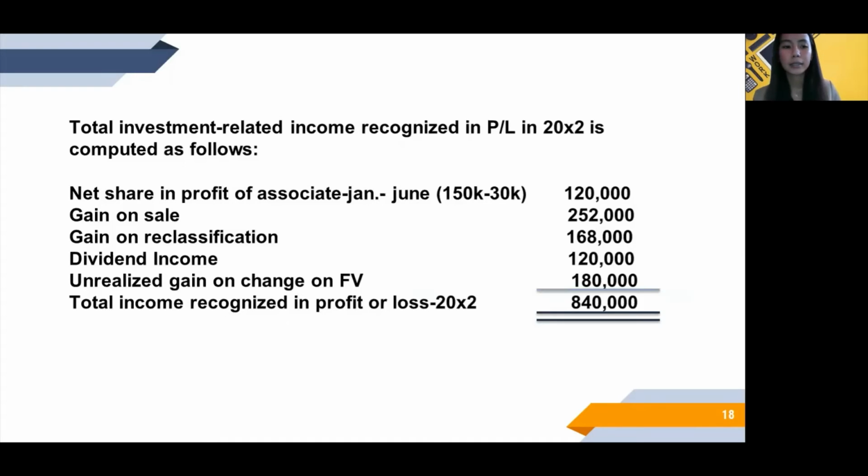Tapos, next is the gain on sale of 252,000 and then 168,000 gain on reclassification, 120,000 dividend income, and 180,000 unrealized gain on change of the fair value. So, we will get the total income recognized in profit or loss ng 20x2 na 840,000.